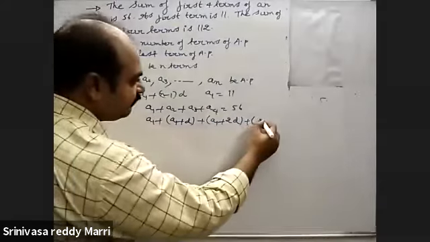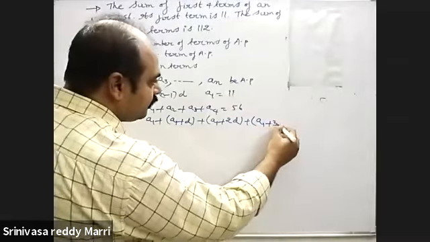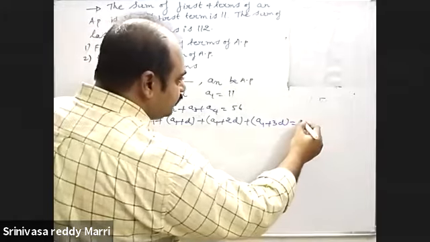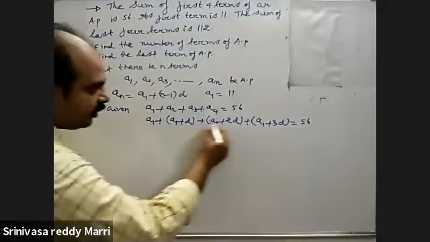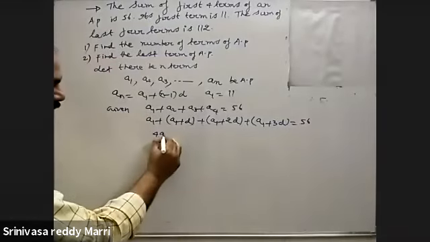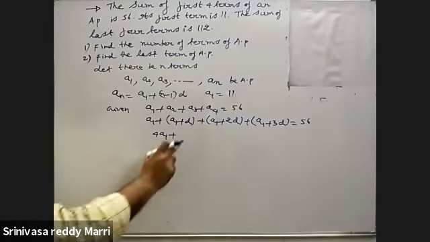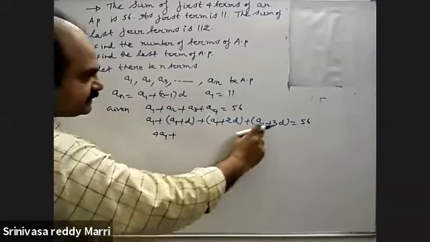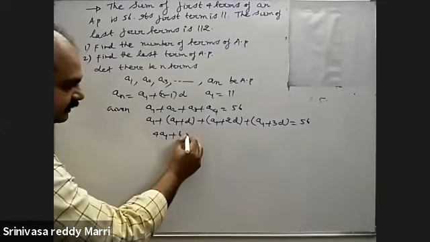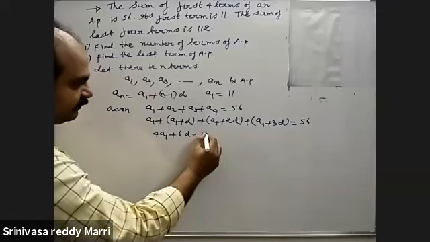A4 means n equal to 4. This sum is given as 56. Now how many A1s are there? 4A1 plus d plus 2d plus 3d, that means 6D equal to 56.